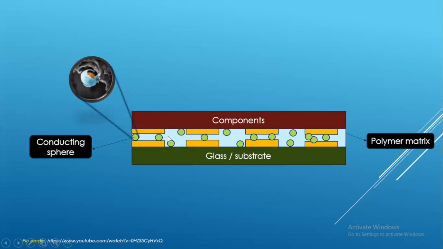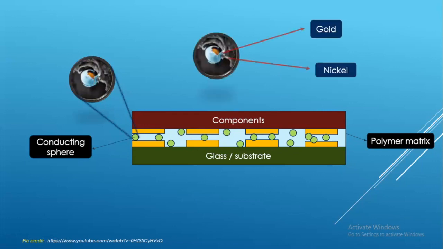This white part is a polymer matrix which is non-conducting. In that matrix, they have embedded these conducting spheres. These green balls are the conducting spheres. You can see this is a real picture of that sphere, and this one is a specific nickel-coated sphere. Generally, these spheres are coated either with gold or with nickel.